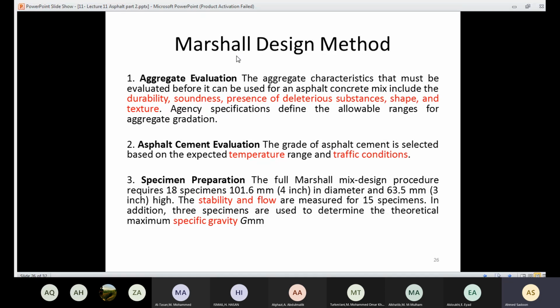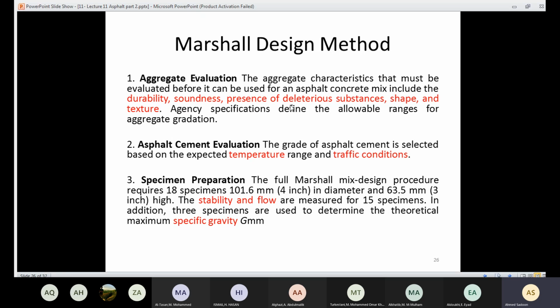So in order to produce asphalt mixture using the Marshall design method, you need to evaluate the aggregates and the asphalt cement before you use them. The aggregate characteristics that must be evaluated before it can be used for an asphalt concrete mix include the durability, the soundness, the presence of deleterious substances, and the shape and the texture.